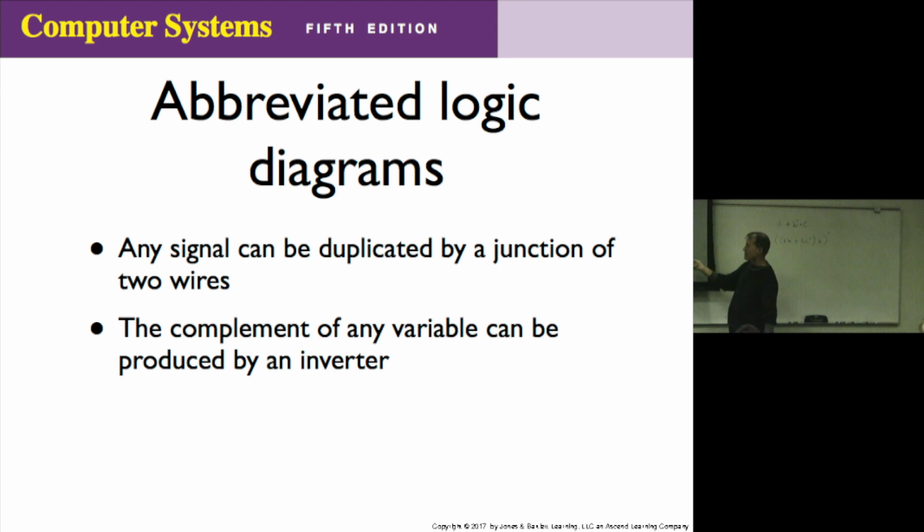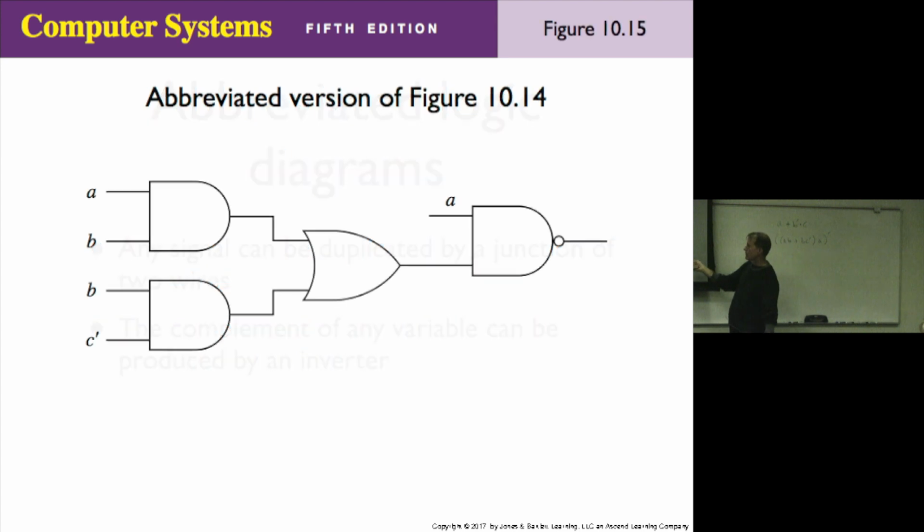And so that big complicated logic diagram, this is an abbreviation of the exact same diagram. Instead of having the A and the B and the C and then tapping off and making it all complicated, we just put the A here, and then here we just put A here. Do you see how that works? You just list B twice. And here's B, and we know that we can always just have one B coming in and tap off of it.